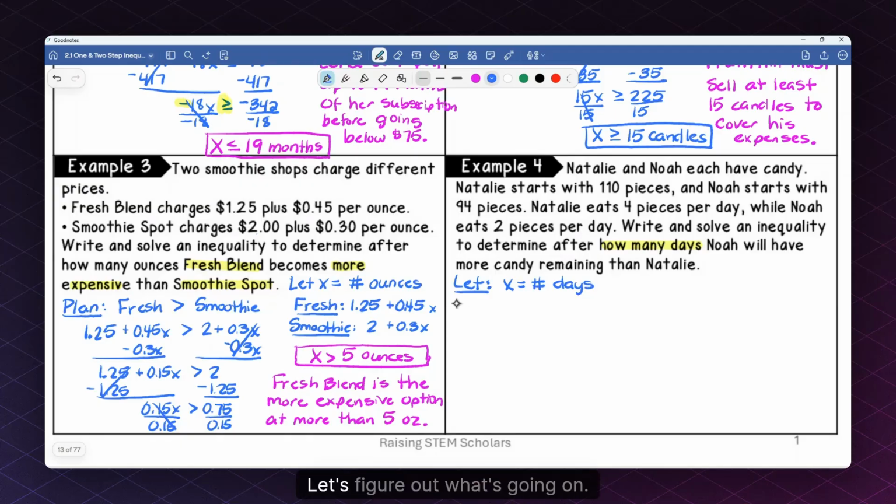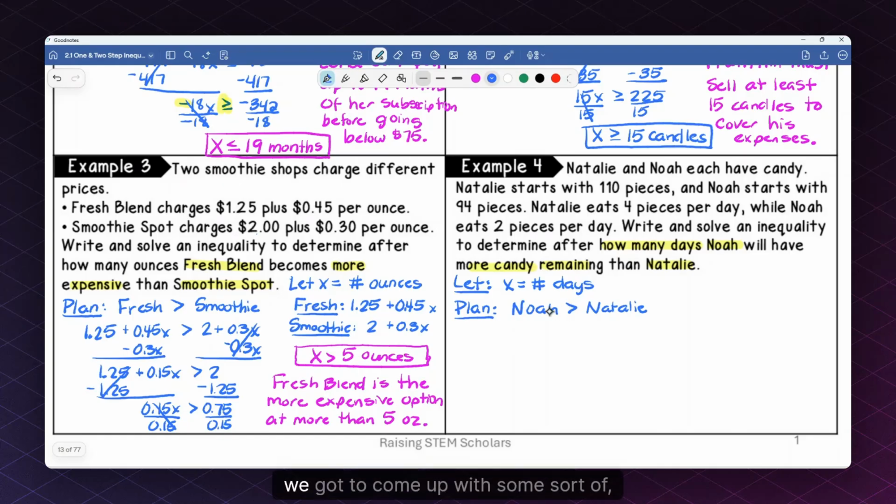Well, what's our plan? Let's figure out what's going on. So it said here, determine after how many days Noah will have more candy remaining than Natalie. Okay. So at some point in time, Noah and Natalie, we could compare their amount of candy, and at some point in time, Noah will have more of it. More candy means the inequality is pointing towards him.